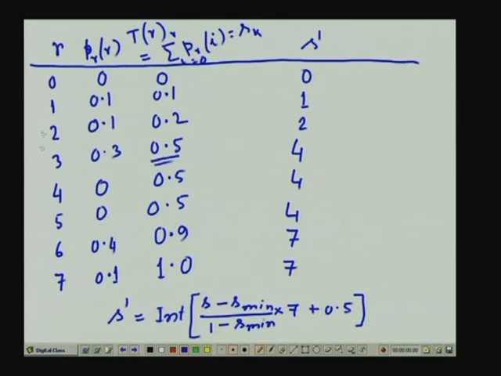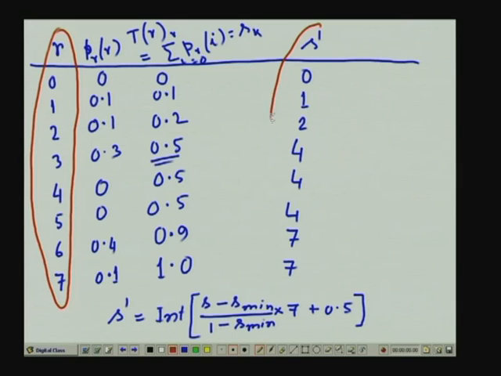So, this first column, that is the different values of r, and the last column, that is the different values of s, give us the corresponding mapping between a given intensity value and the output intensity value, and this is the processed or enhanced image which is to be displayed.